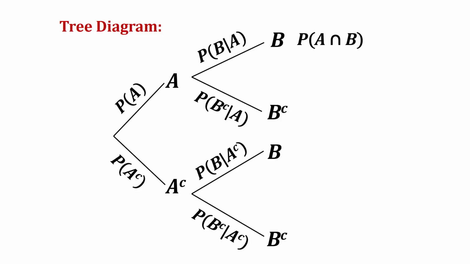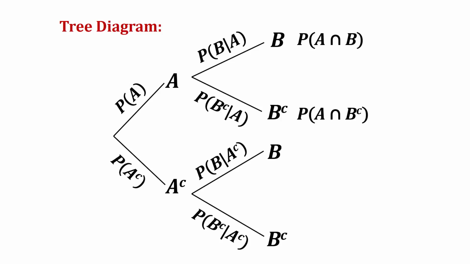If I then go down one spot, and I've got the probability of B complement given A being built off the A branch, I multiply along that pair of branches, probability of A times the probability of B complement given A, I get the intersection of those two events, the probability of A intersection B complement. And then I can keep going down the rest of the tree.